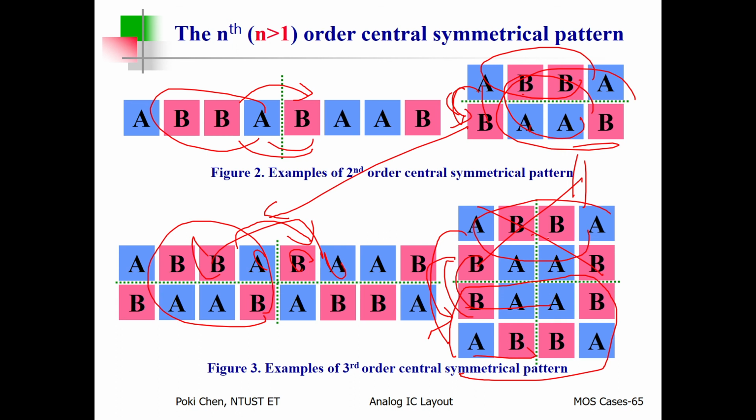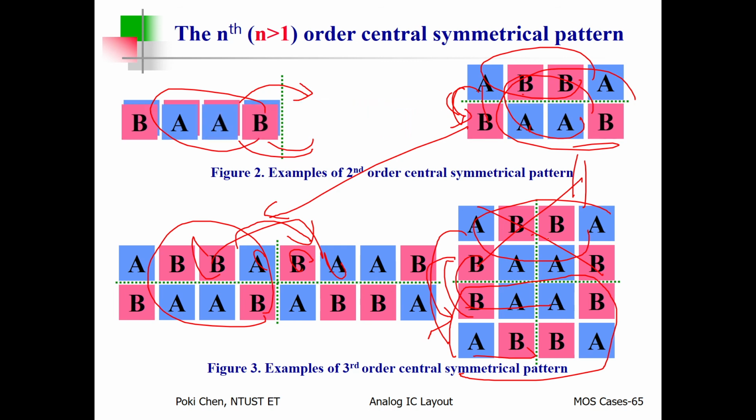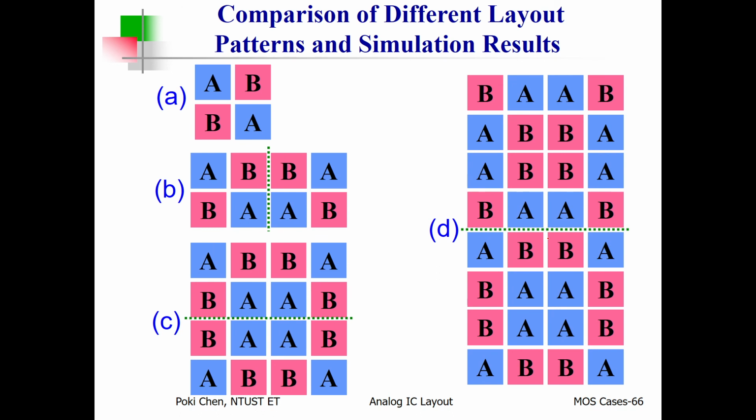ABBA, BAAB. That's it. So you can do it again and again. According to mirroring symmetry, you can apply symmetry or anti-symmetry vertically or horizontally to generate new but different blocks. Then you can go further again and again.